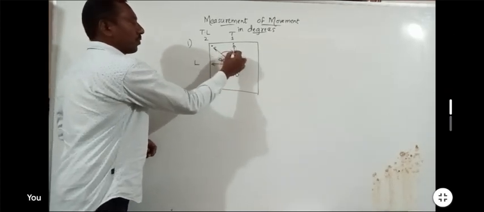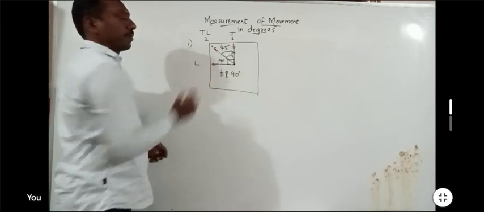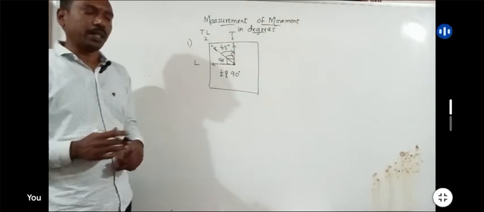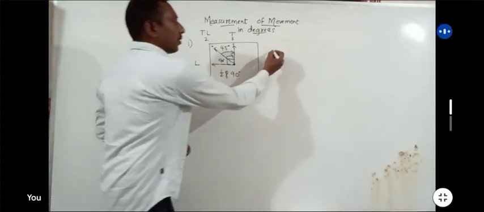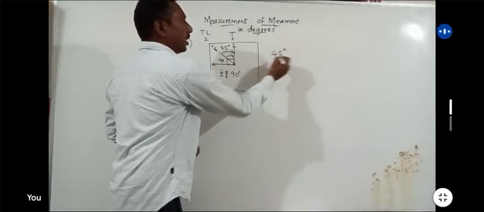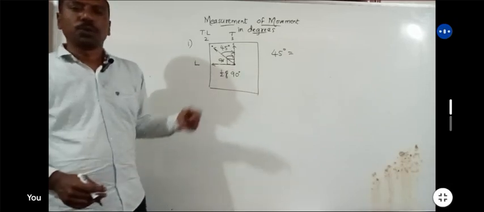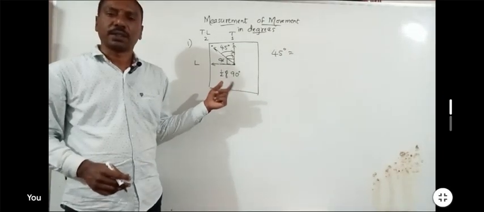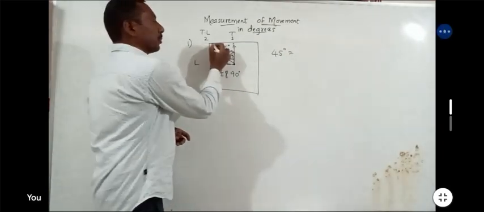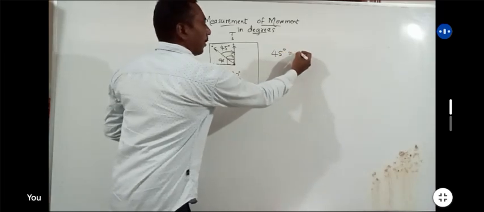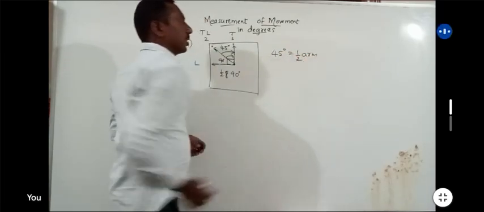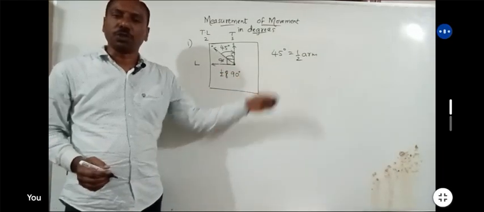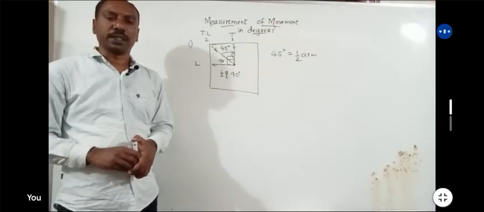That means half of 90 is 45 degrees. Whenever the movement is 45 degrees, can you equate it in terms of arms? Very good, excellent. In terms of arms, it will be half arm movement. 45 degrees is equal to half arm movement.